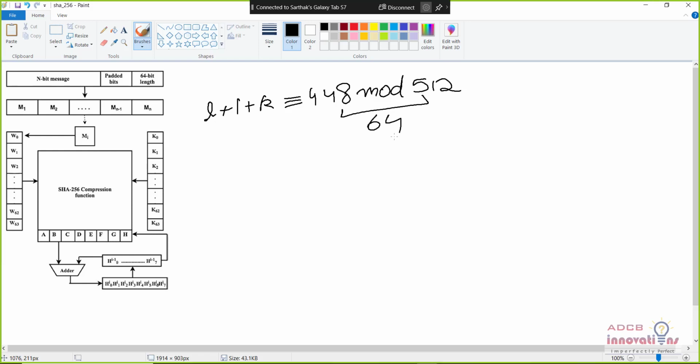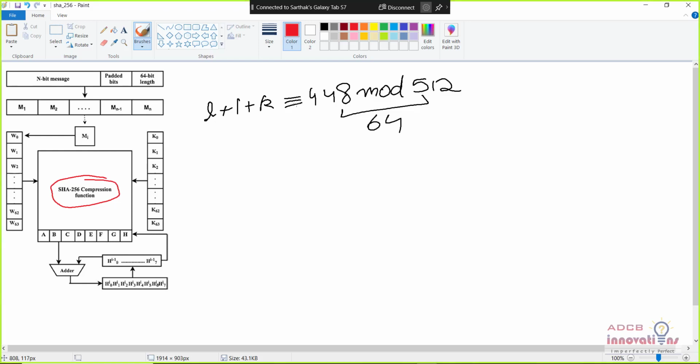This is the main equation, and we will see how the SHA 256 compression function works according to it.